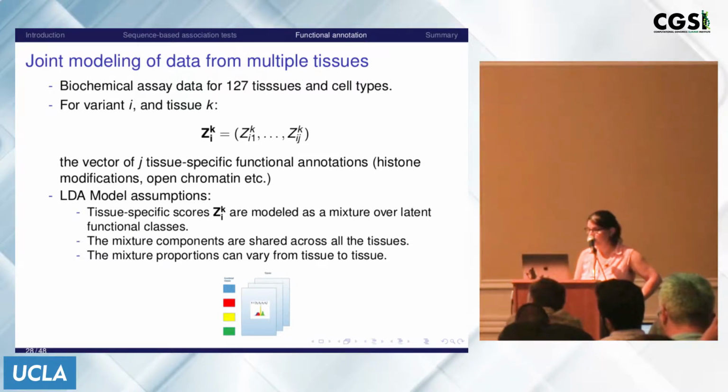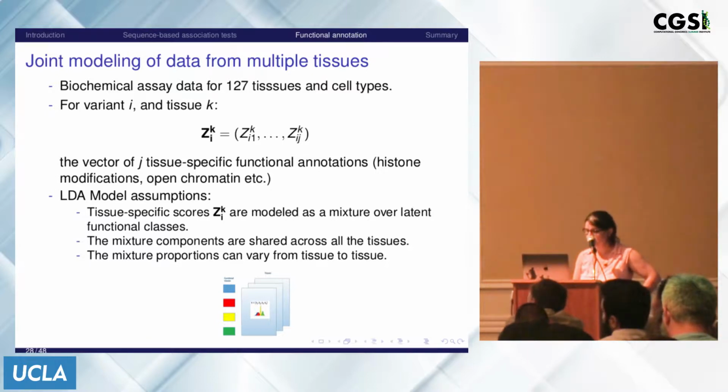So the underlying idea is, we assume we have biochemical assay data for 127 tissues and cell types from Roadmap and ENCODE. For each variant i, or position i, and tissue k, we have a vector of functional scores, the histone modification, open chromatin scores, and so on. And basically, we want to fit an LDA model.